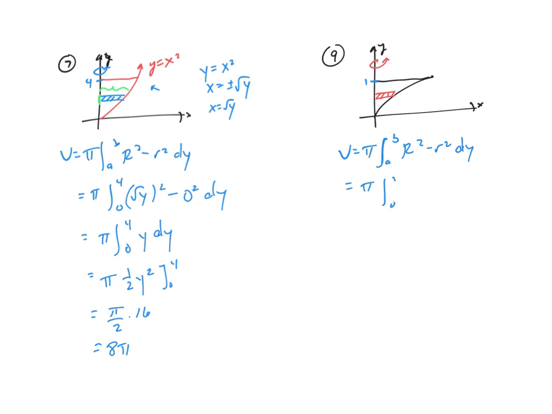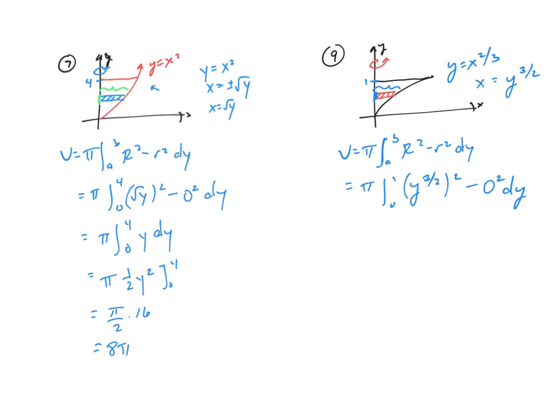Big R is the distance from the axis of revolution to the far end of the rectangle. So that's being given by the function, which is x to the 2/3. That's in terms of x. If we solve for x, it's y to the 3/2. Little r, once again, is going to be 0 here because there's no distance between the other end of the rectangle and the axis of revolution.